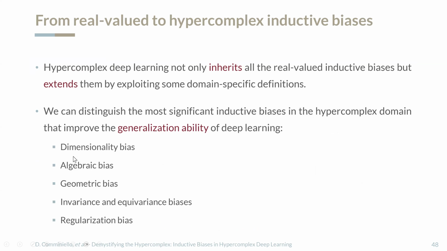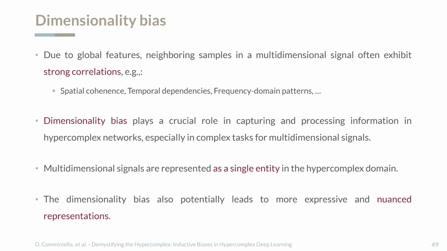Actually, we can focus on some biases that are focused on the dimensionality of the signals. So the dimensionality matters in this case. Algebraic bias also is something that we can exploit, as well as geometric properties, and also some invariance and equivariant biases and some regularization bias.